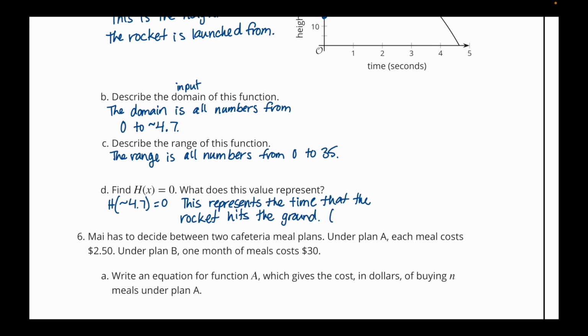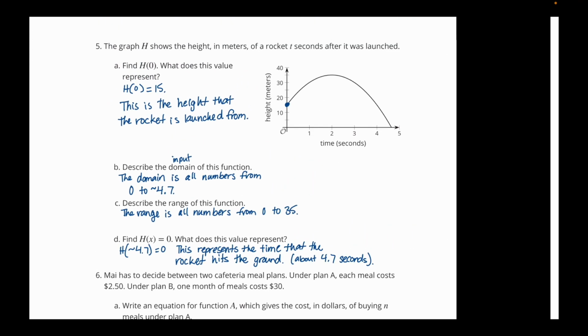And we can say about 4.7 seconds just to give a value for it, even though they didn't really ask for that in the sentence. And that's it for question 5.